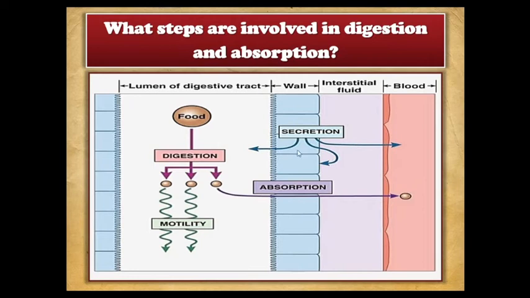At the same time there will be a secretion of some substances from the wall of the intestine, either to the lumen to enhance the digestion or absorption of the nutrient, or to the systemic circulation.